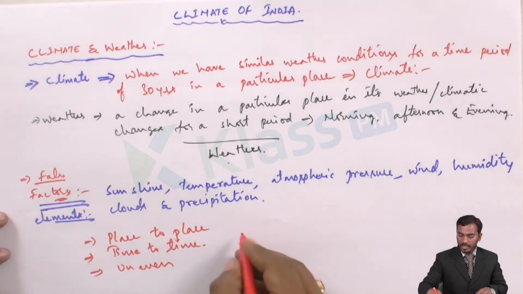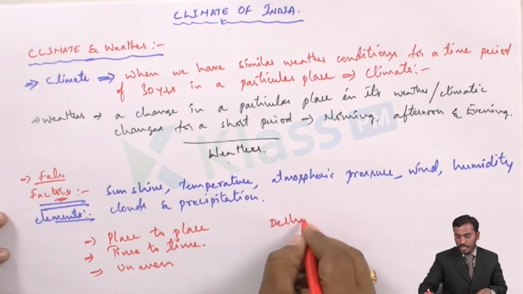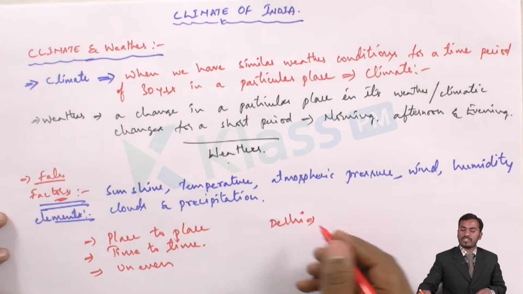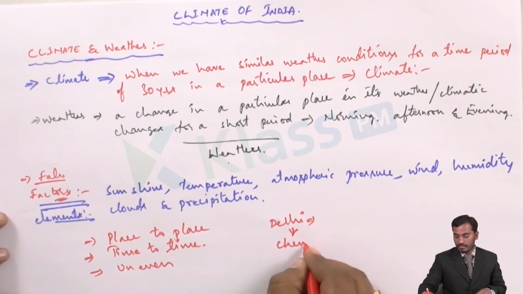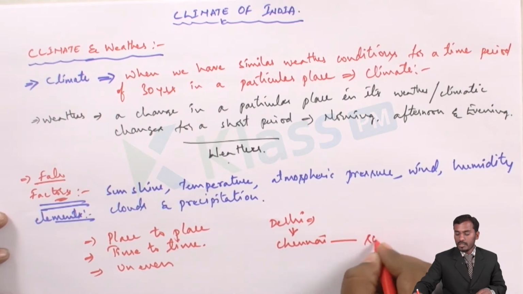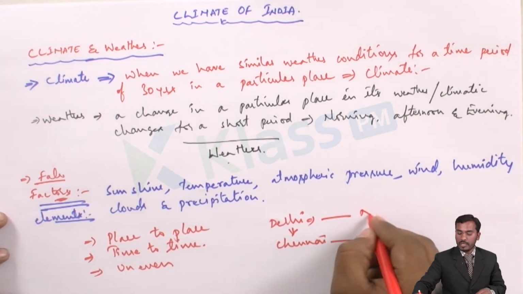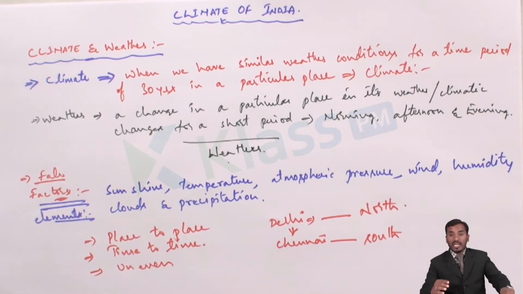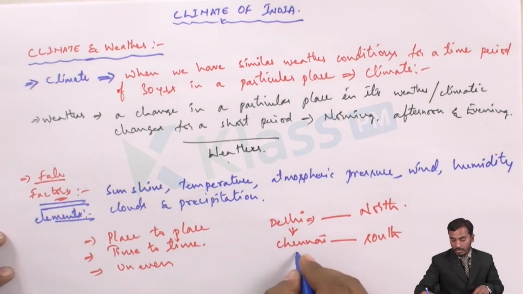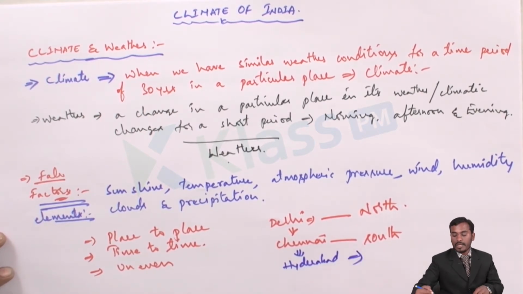For example, if you take Delhi, the climatic conditions of Delhi are completely different from Chennai. Chennai is in the south, whereas Delhi is in the north. So the climatic and weather conditions of these two areas are entirely different. Again, we have places like Hyderabad, and its climatic conditions are different from these two.